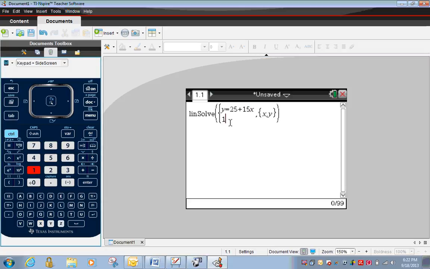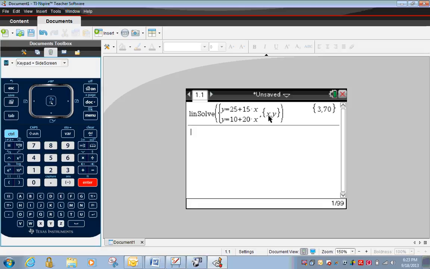And the second equation was, don't forget the y equals, 10 plus 20x.